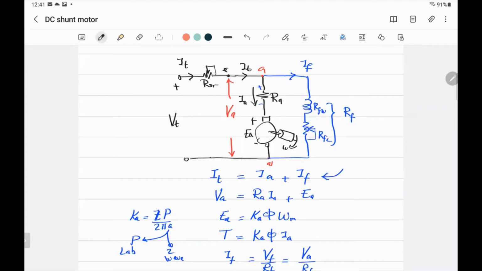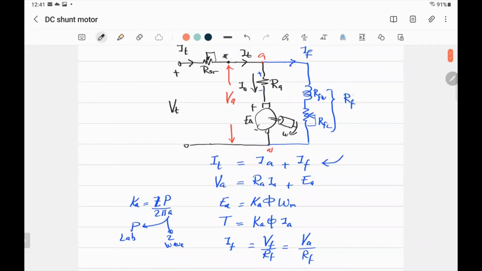So how do you find RF? In general, if you want to find any resistance, you use Ohm's law. You should have the voltage across the field and the current in the field, VF and IF. If you divide, you get RF, right? So you need two things, VF and IF.